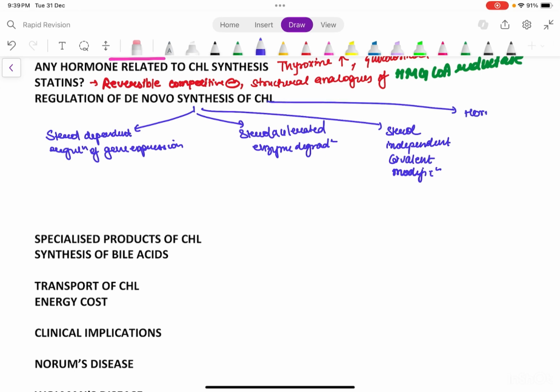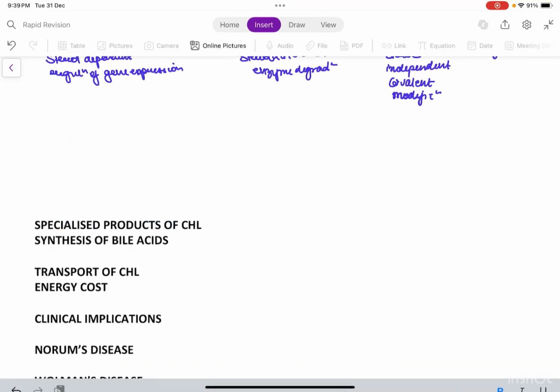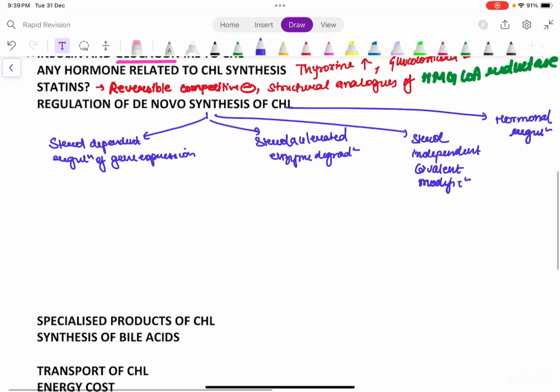Then we have hormonal regulation. Just know these 4 points. Now what do I mean by all this? First of all, I want you to know that this one is long-term regulation.